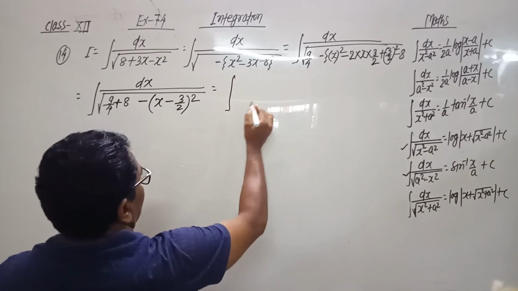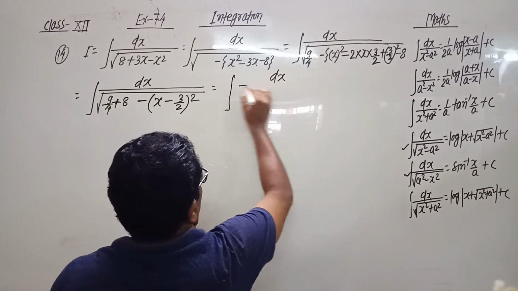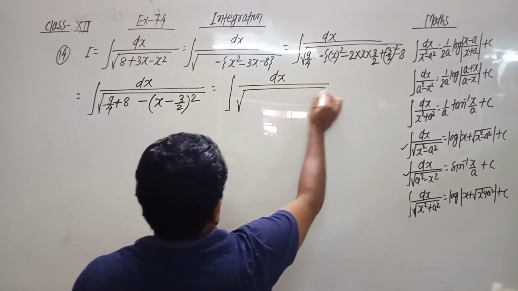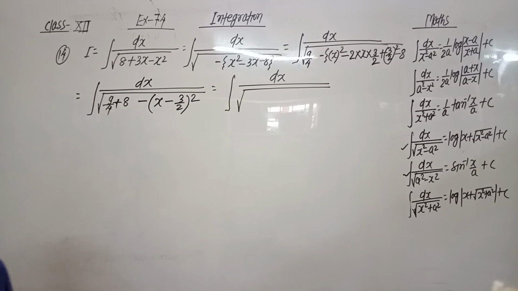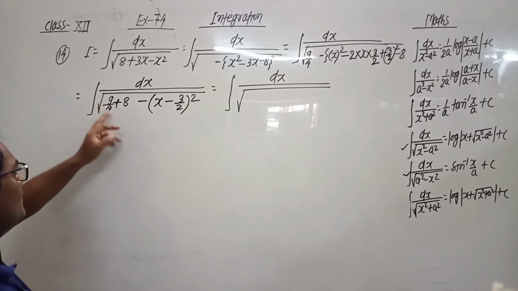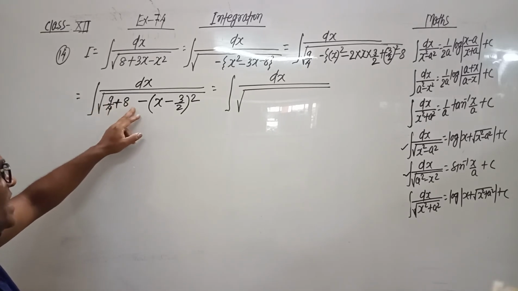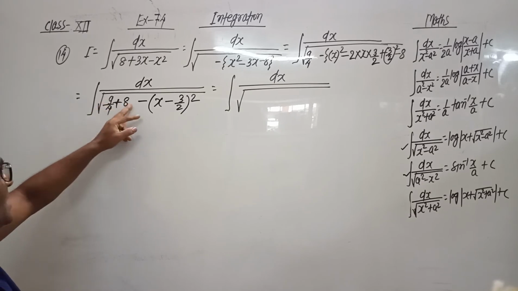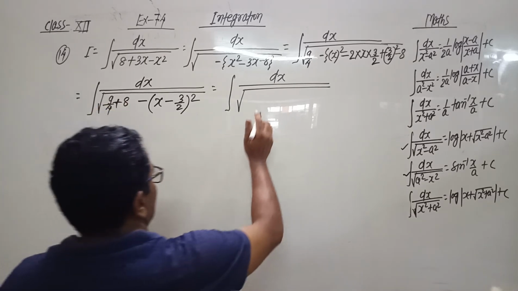So integration dx upon under root of, by taking LCM, LCM is 4, we get 9 plus 32, 4 into 8 is 32, and 9 plus 32 is 41.